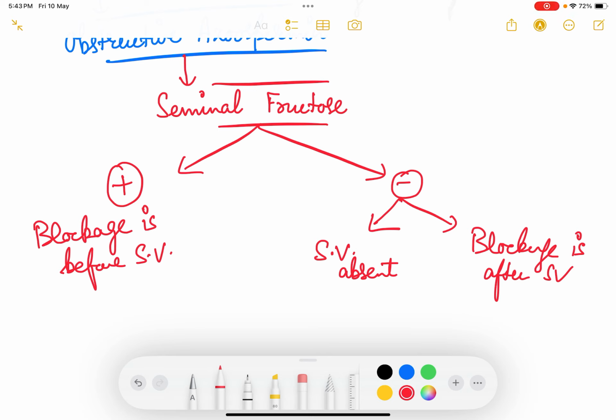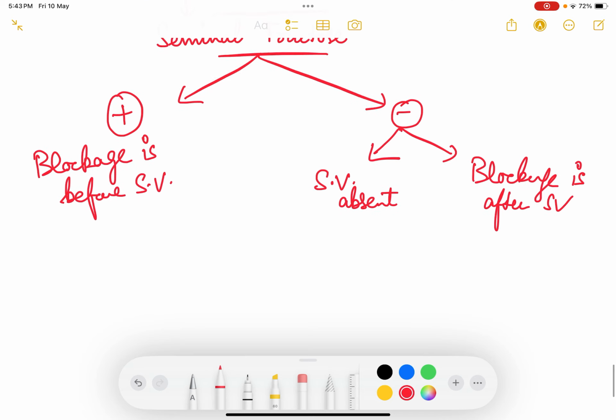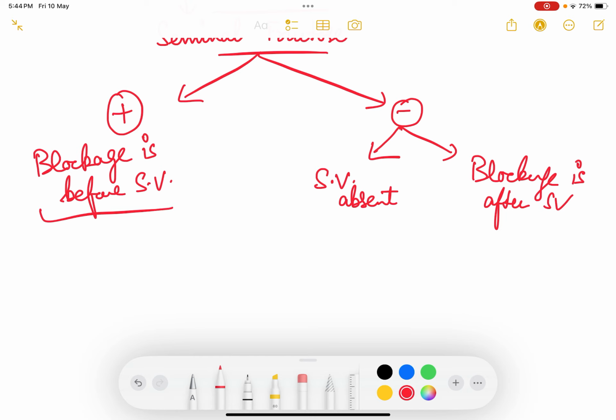Then seminal fructose will be absent. So if the blockage is before the seminal vesicle, then we will generally get an ultrasound of the scrotum done.